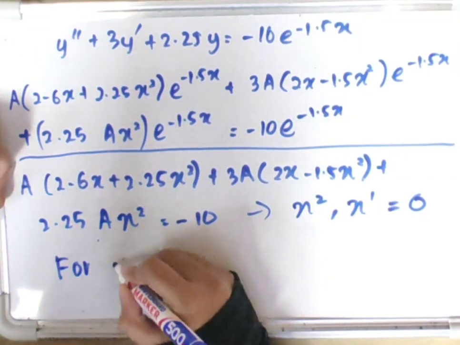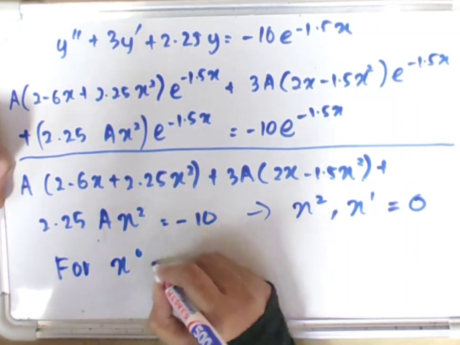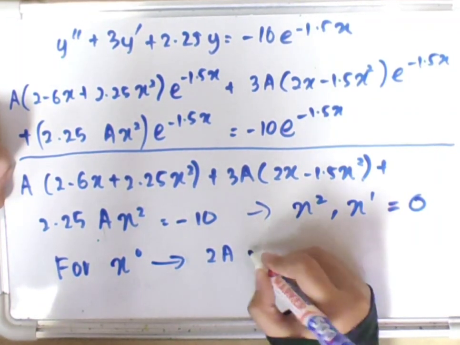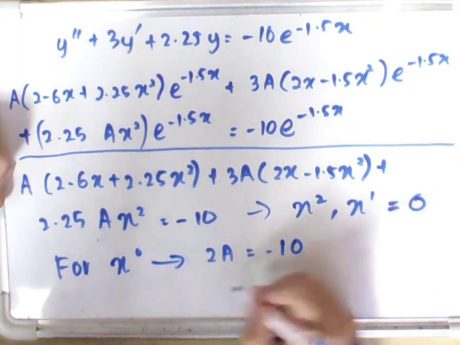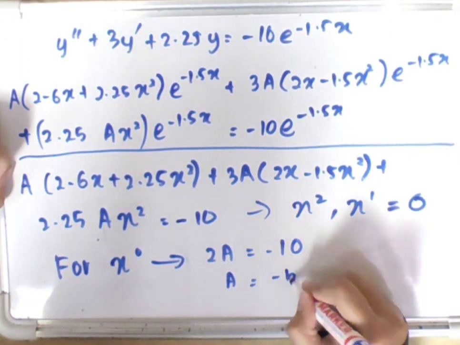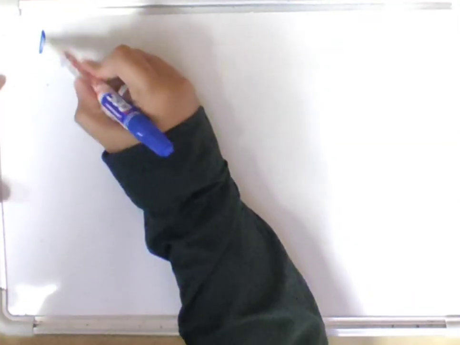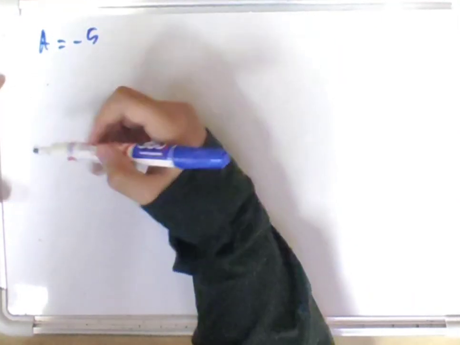For x0, we have 2a equal to negative 10. So a equals negative 5.